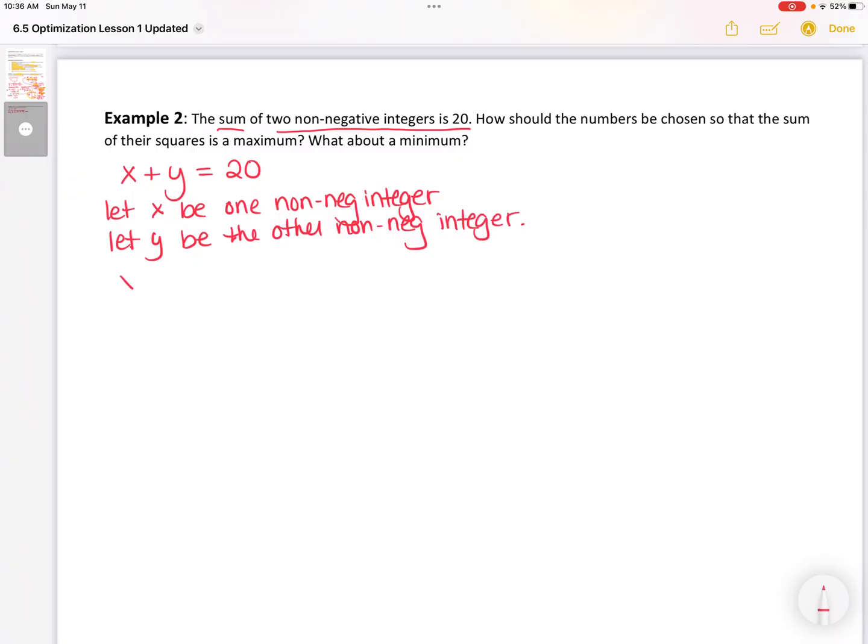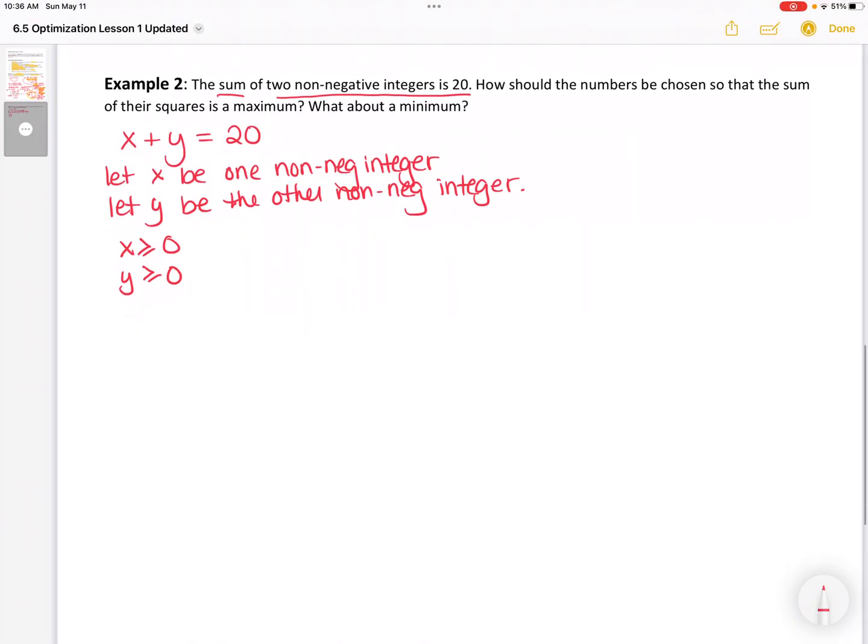I'm going to write down that x is greater than or equal to 0, and so is y. So these are the things I'm thinking about. Now I want to think about, what am I maximizing? The sum of their squares is a maximum. So I'm maximizing, and the last one was maximizing area. I'm maximizing the sum of squares.